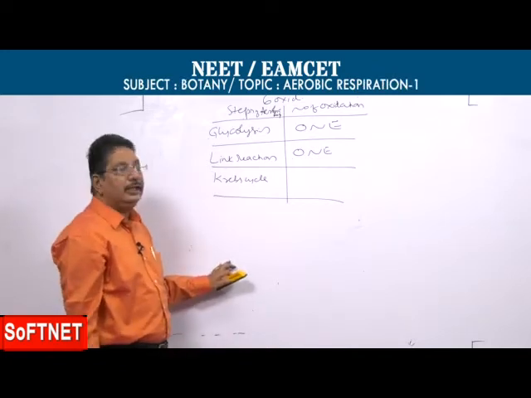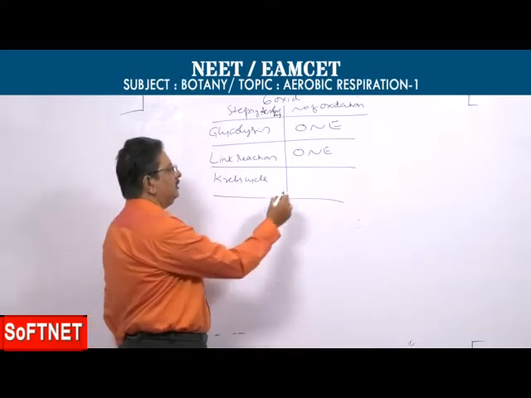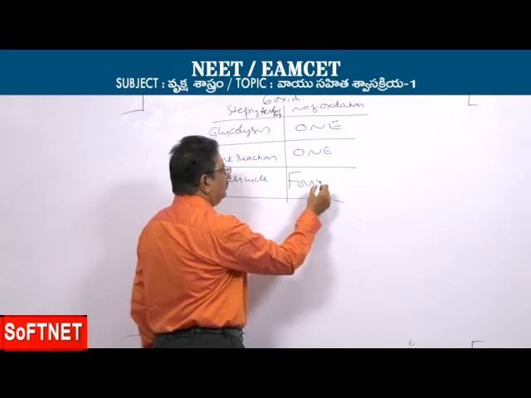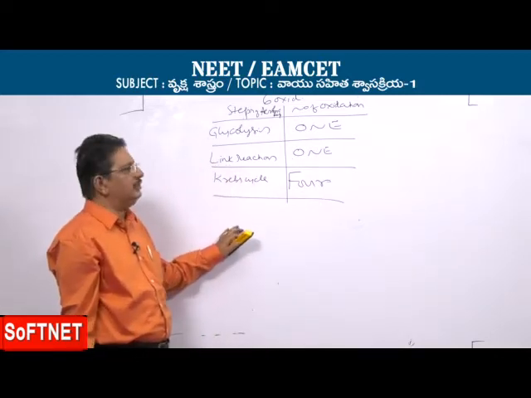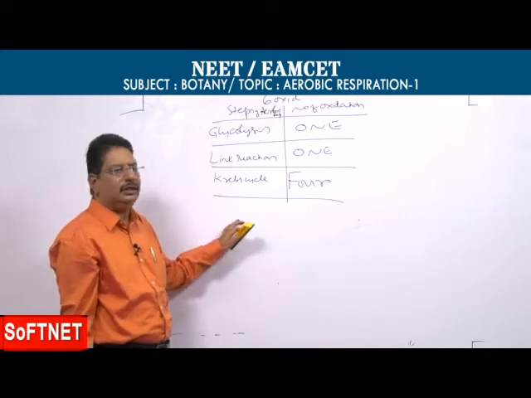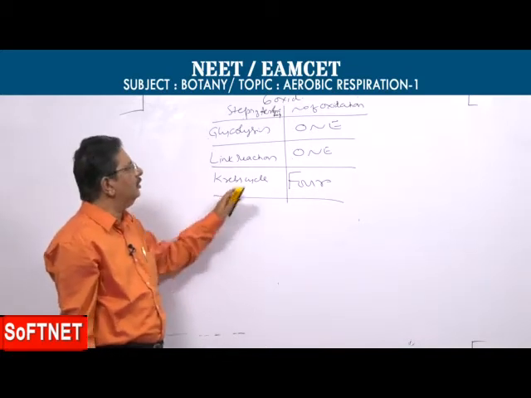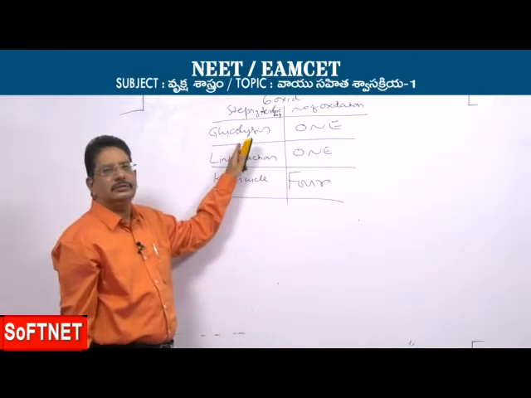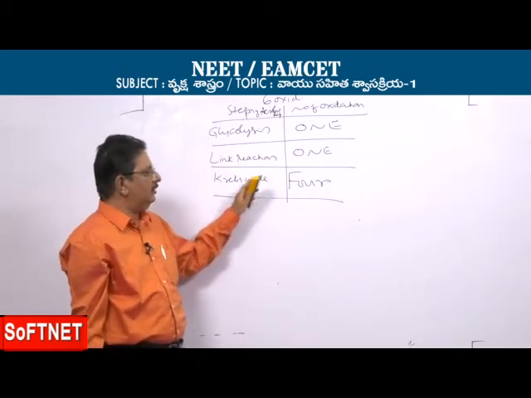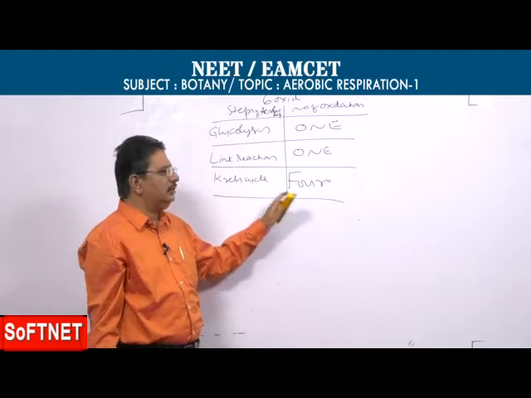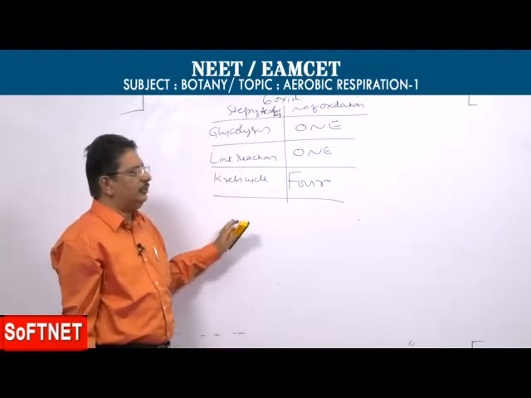So, the remaining 4 oxidation steps are completed during the Krebs cycle. So, out of the 6 oxidation steps that occur in aerobic respiration, 1 is in glycolysis, 1 in the link reaction, and 4 occur in the Krebs cycle.